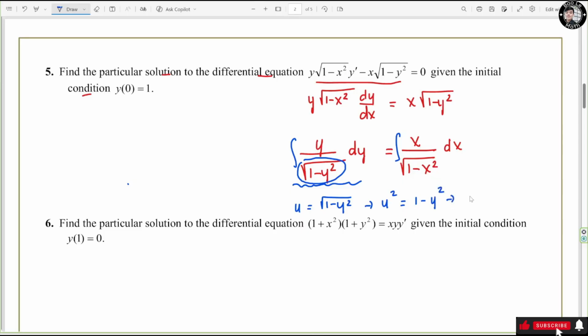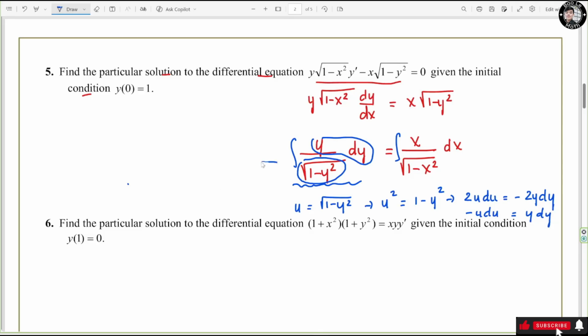And then 2u du equals negative 2y dy. On the top, I only have y dy, so I need to divide both sides by negative 2. So I have negative u du equals y dy.